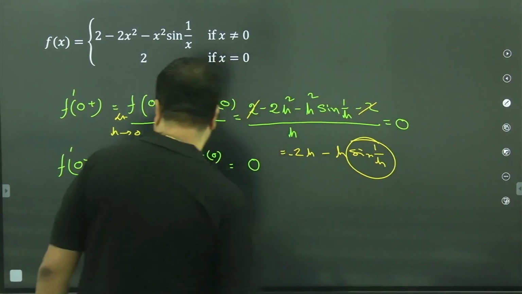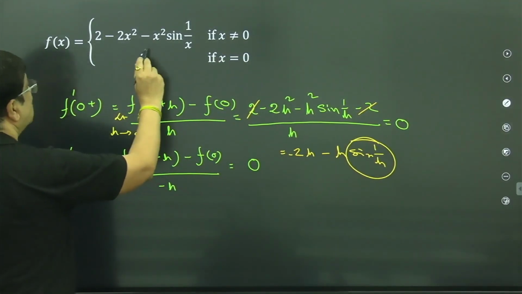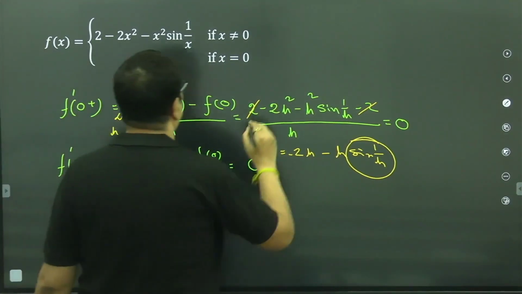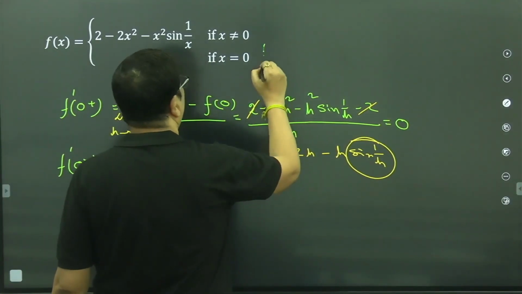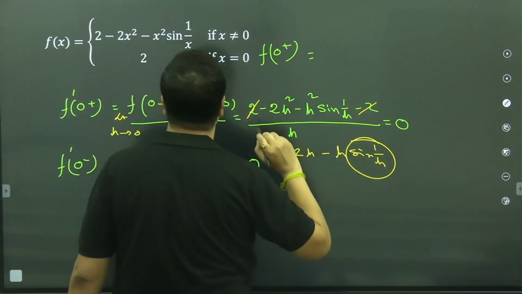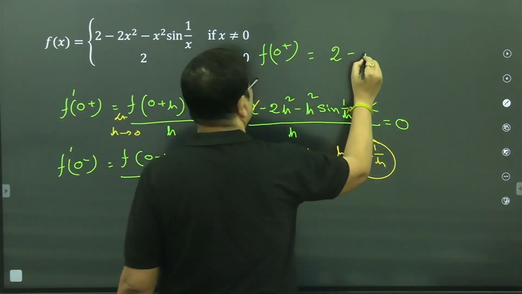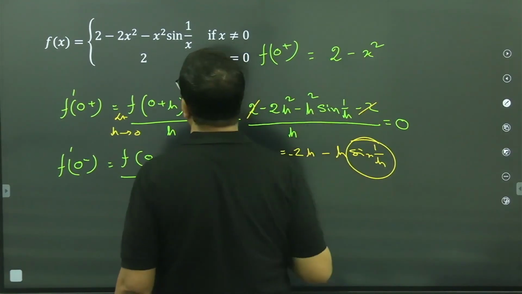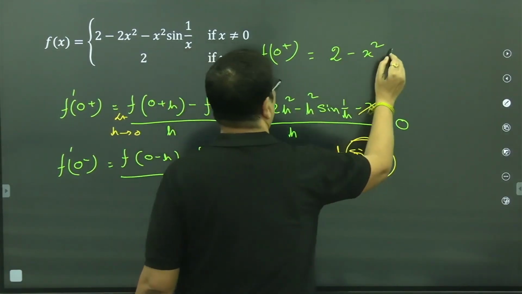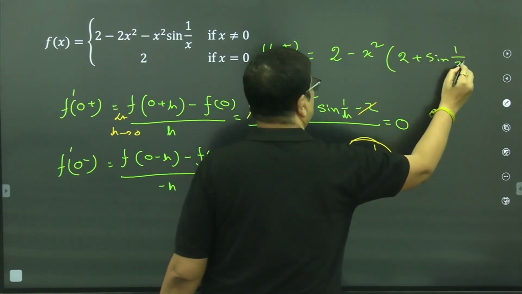Just see one thing. f(x) is 2 minus 2x square minus x square sine 1 by x. So f of 0 plus or f of 0 minus, let us see this. 2 minus x square, if we take out x square, 2 plus sine 1 by x.